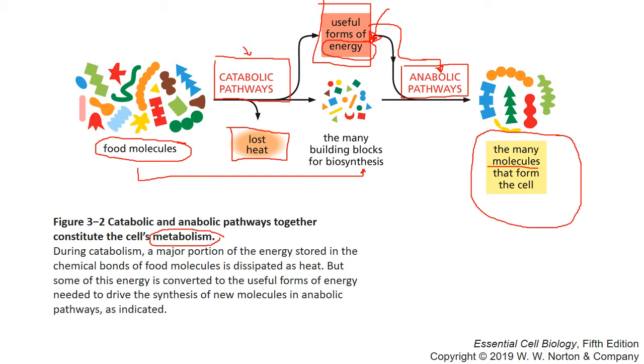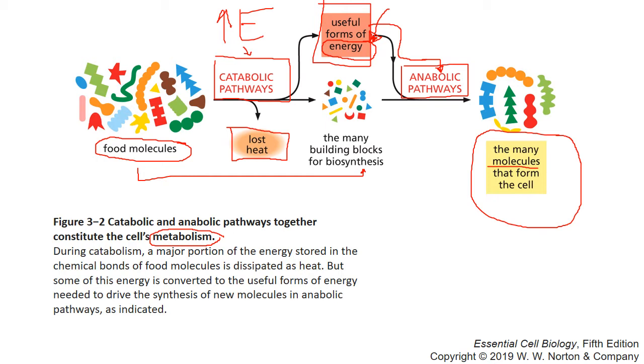As you can see, both of these pathways will play off each other because a catabolic pathway, as it's releasing the molecules, as it's allowing them to go from large to small and breaking them down, it's releasing energy into your system. So you get more energy that you can utilize.